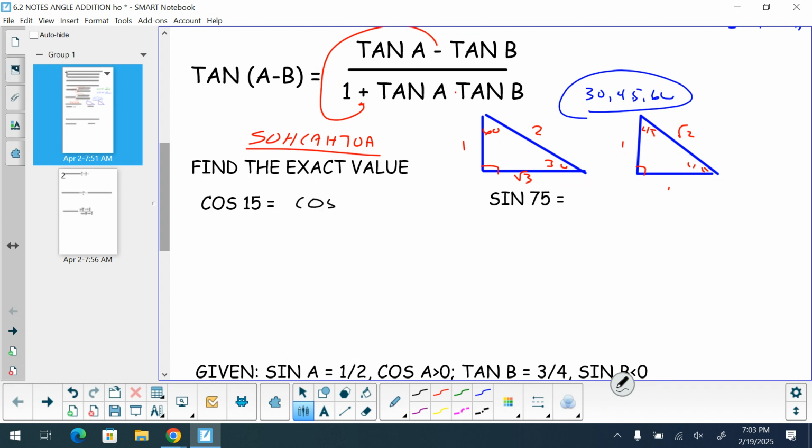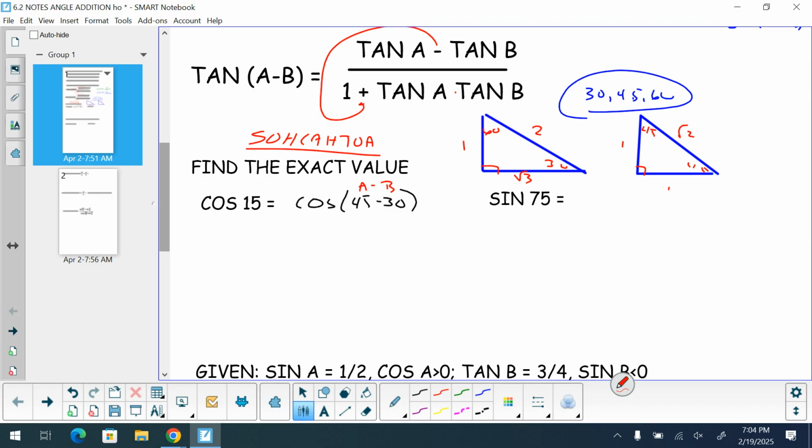We can subtract 45 minus 30, or if we wanted to, 60 minus 45. It does not matter. Here's our A, here's our B that we are subtracting. So we're expanding out cosine of A minus B.